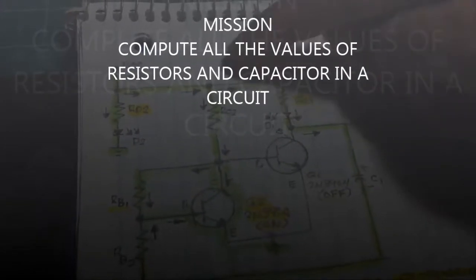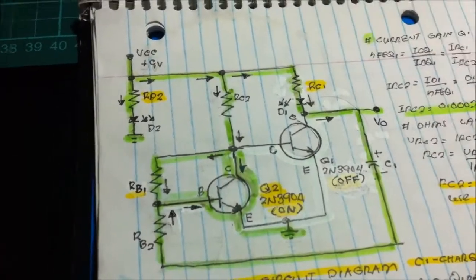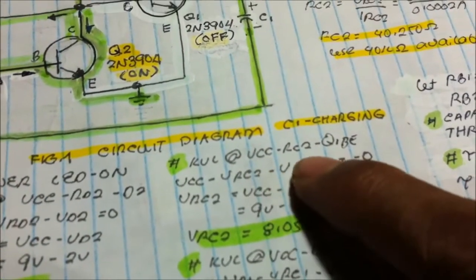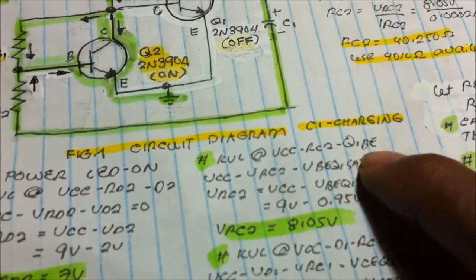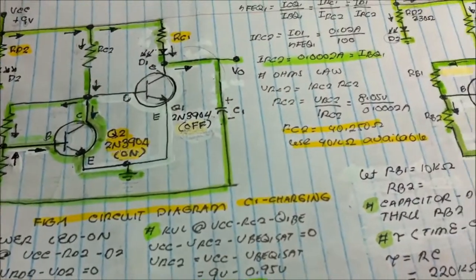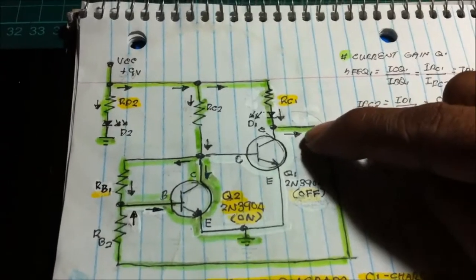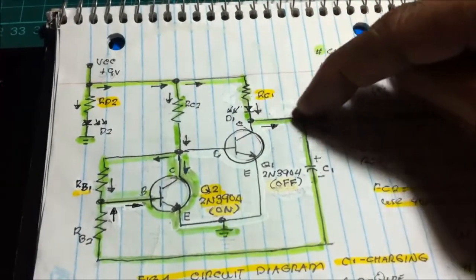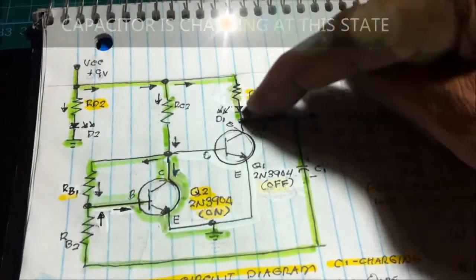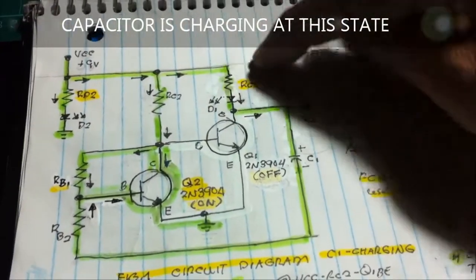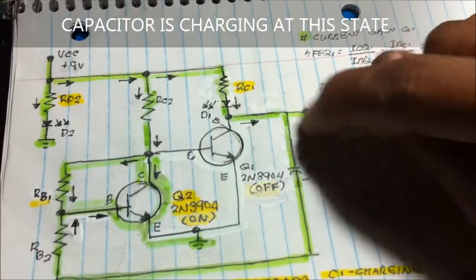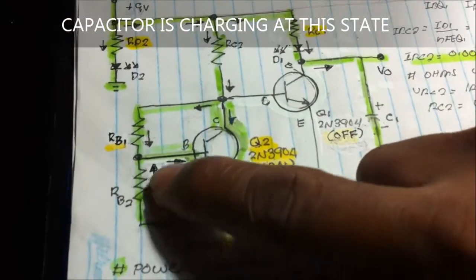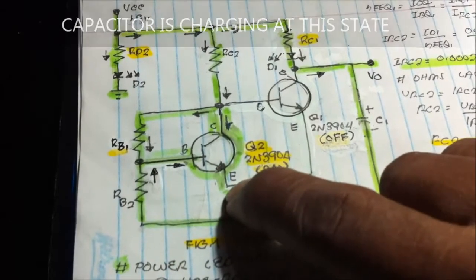Now, let's come to this part. VCC, RC2 to QBE, not this one. In this configuration, the capacitor is charging in this state, charging through RC1, D1, C1, and passing to this node, RB2, and then the base to the ground.